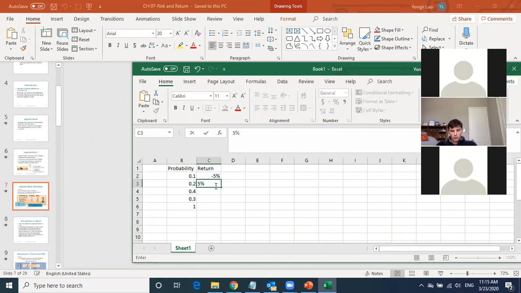If there's no growth, 0 growth, 5% return. Moderate growth, 10%. High growth is 20%.